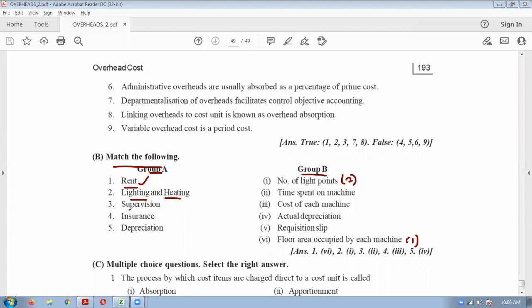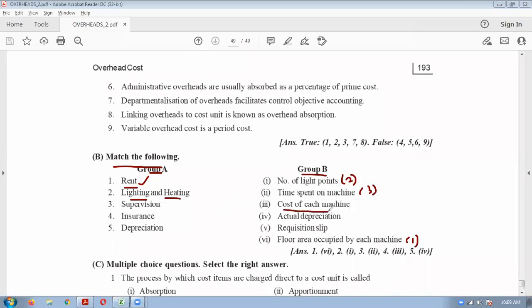Supervision. Supervision, just now we have understood. Supervision, how you will allocate based on what? Supervision charges will be based on time spent on machine, how much time a supervisor is spending on machine. That can be the basis. Insurance.